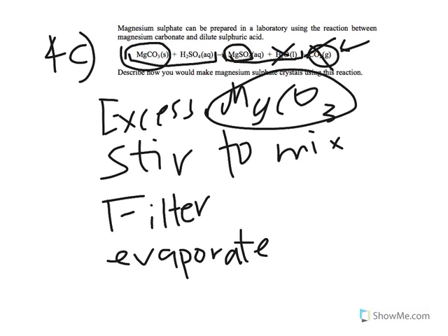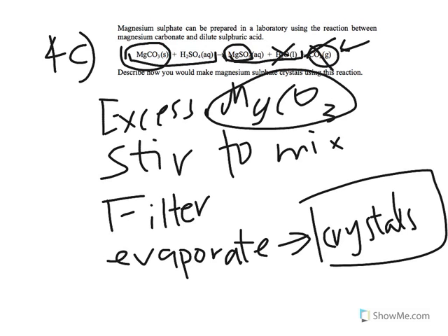Then you'll reach this point where crystals are being formed. Okay? So just before almost all the water is gone, that's the crystallization point. You leave the solution to cool and leave it in an oven.